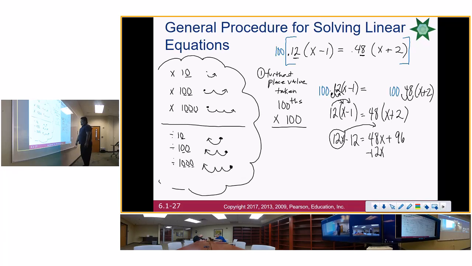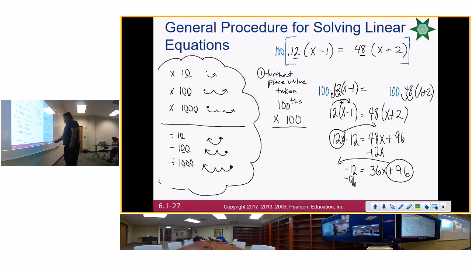And what's 48 minus 12? 36, Hubert. Yeah, sorry. Now, what am I going to do with the positive 96? Subtract. Take it across the river, and it becomes minus 96. That's going to be what, 108?